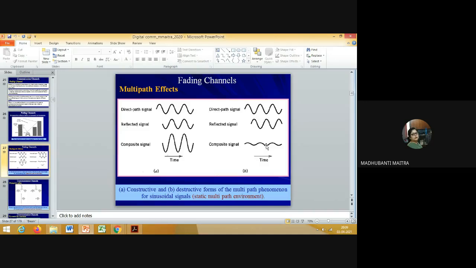The receiver will not be able to listen to the transmitter. On a regular basis, we face this situation, and casually we say that we are not getting the tower. So actually, this is happening. This is known as multipath phenomenon.